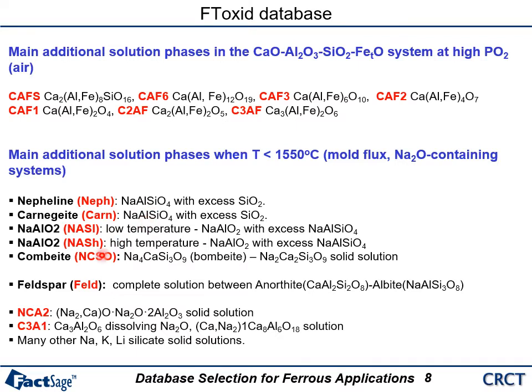And we also have the NaAlO2 phase, and the so-called combeite phase, which is also frequently seen in mold flux applications. And we have, of course, feldspar, which is a very large solid solution between anorthite and albite. And then we have a couple of other solid solution phases that also form in some mold flux applications.